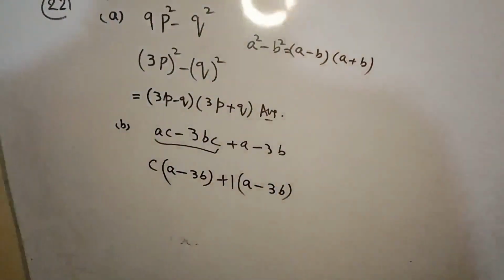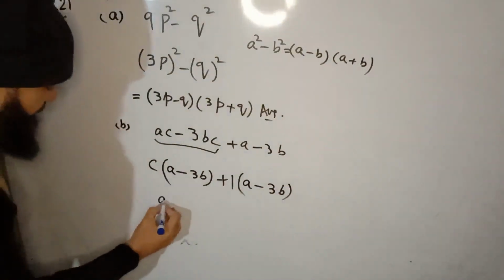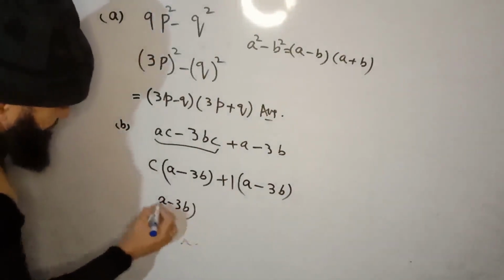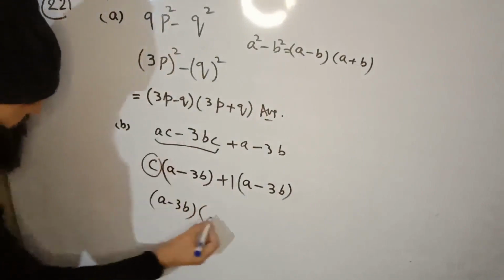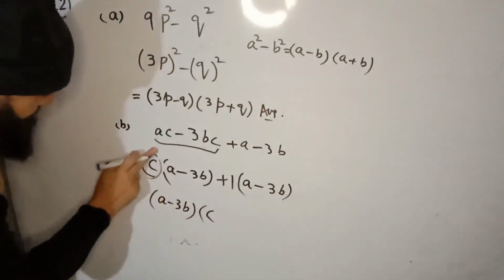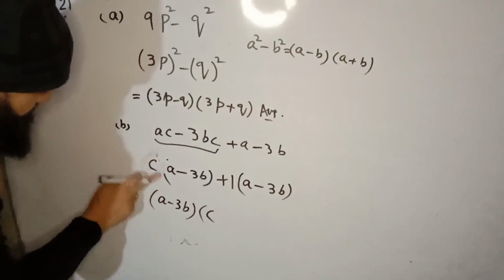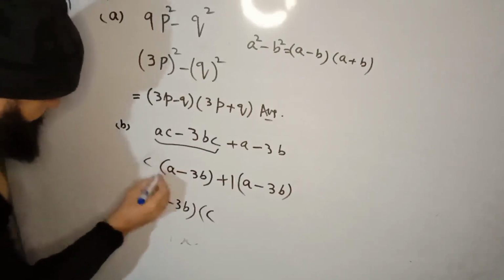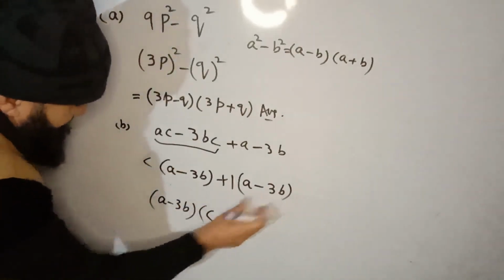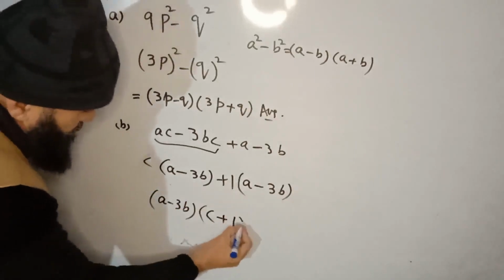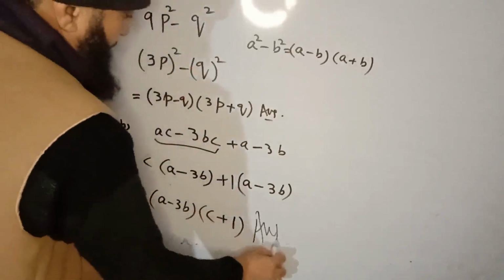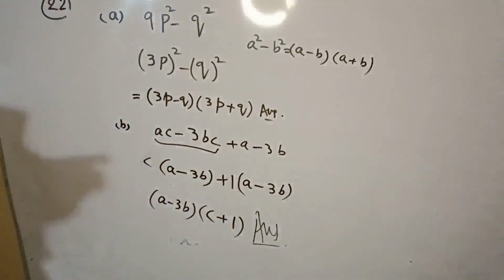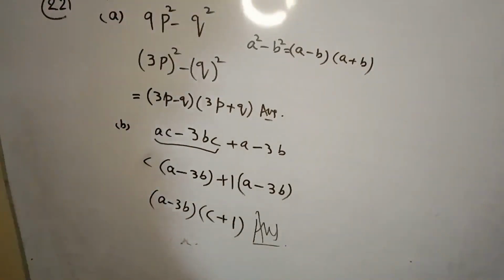So we take A minus 3B common and we are left with C from the first term, and 1 from the second. So A minus 3B into C plus 1 is the answer, and we have factorized completely the given expression.